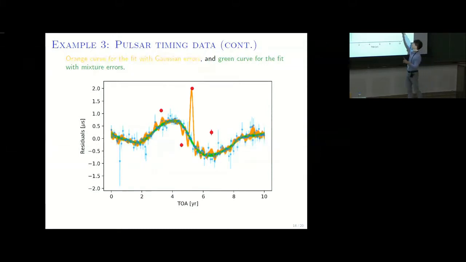As you can see, the orange curve is trying to fit all the data point fluctuations and those outliers, and it fluctuates a lot. But because our mixture error model accounts for those outlying observations, our green curve is fairly smooth, I mean, robust to these outliers.